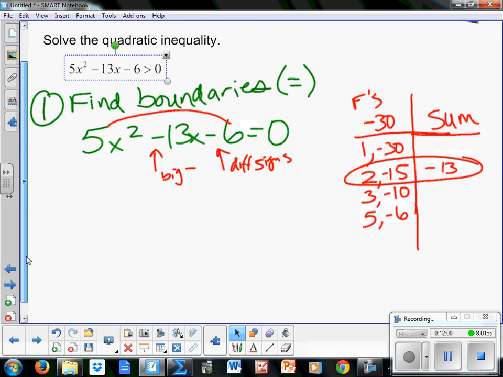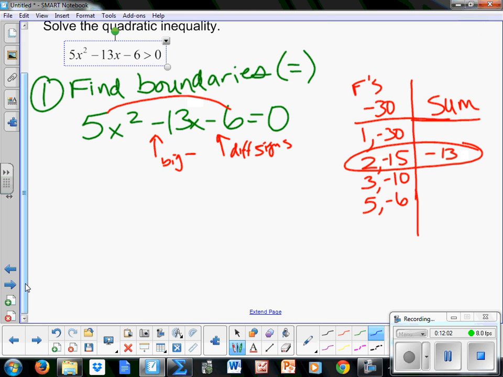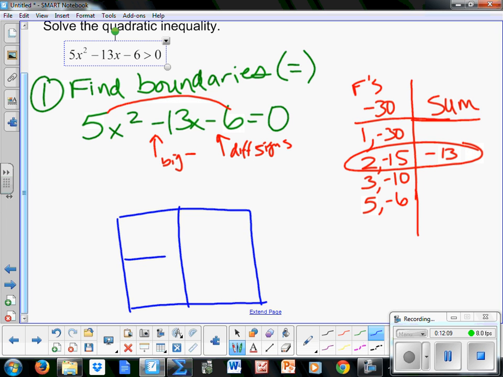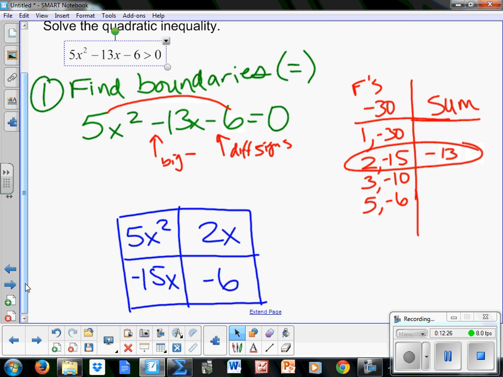So now we're going to make our box to figure out what our factors are and what this inequality is going to factor into. We have our 5x², -6. One of our factors is 2, so we write 2x, then -15x. Now we're going to find the factor of this column here.